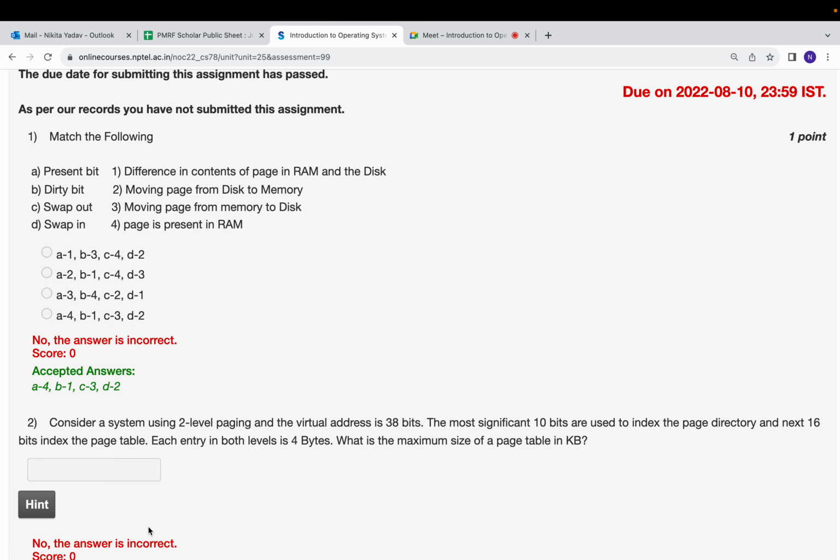So if the page table size is 10 kilobytes, then you have to write here 10. Any answers?